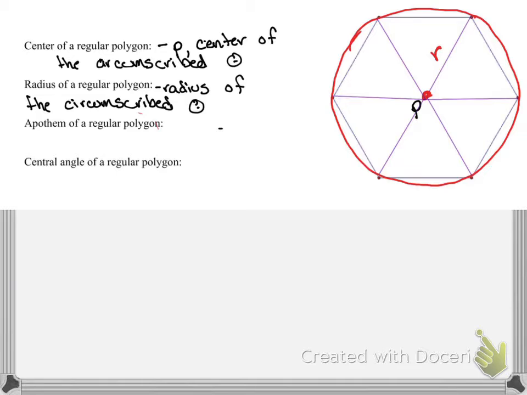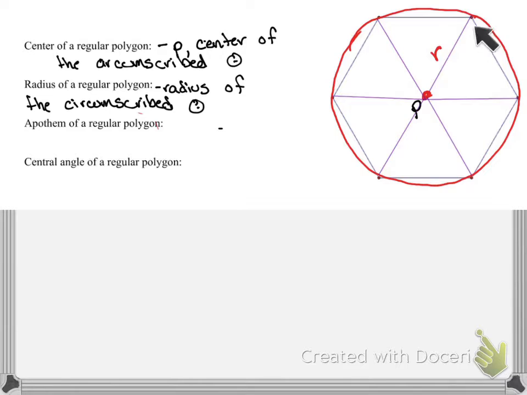And if we zoom in on just this one triangle right here, the length of the one side is R. The length of this side is the side length of my polygon. Here I have a hexagon. It could be 7 sides, could be 8 sides, doesn't matter.